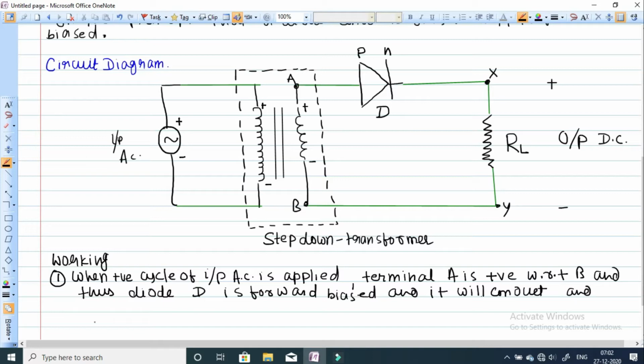Thus we get the output across the load resistance RL.